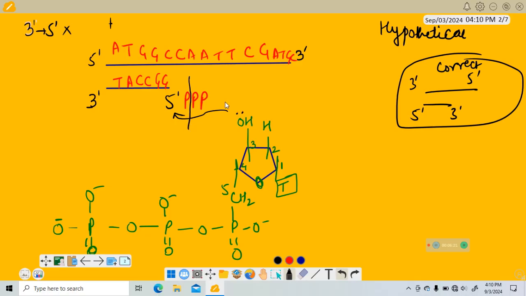The bond will break between the 3' OH and the 5' phosphate, pyrophosphate will be released and energy will be there. Now here we are left with a monophosphate. Only one phosphate is there. Now let's go to the next step.